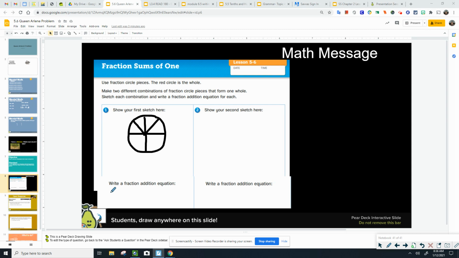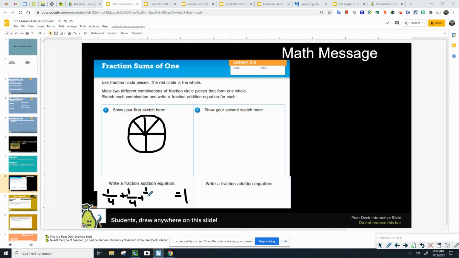Then for my addition equation, remember I want it to equal 1 at the end. Okay. I added my 1/4 and my 1/4. Then I added 4/8 right here.